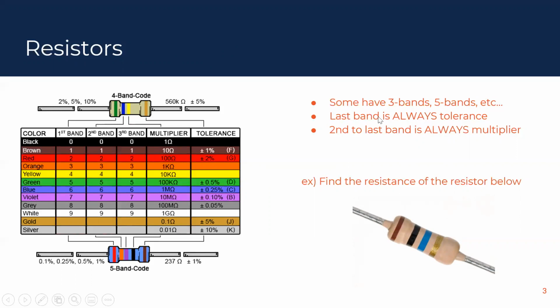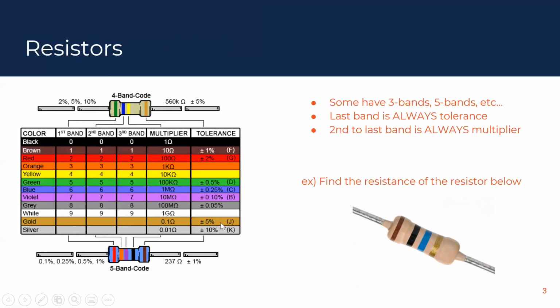The last band is always the tolerance. And the second to last band is always the multiplier. So the last band is the tolerance, the second to last is the multiplier. So the way that we interpret this 4-band code, so a lot of the resistors have 4 bands, we have to orient the resistor first such that the tolerance color is on the right-hand side.